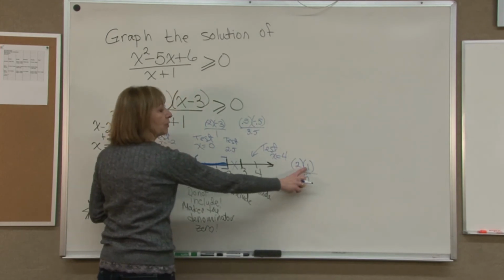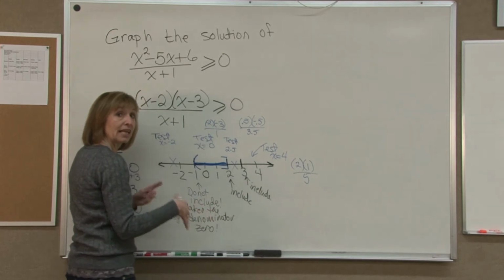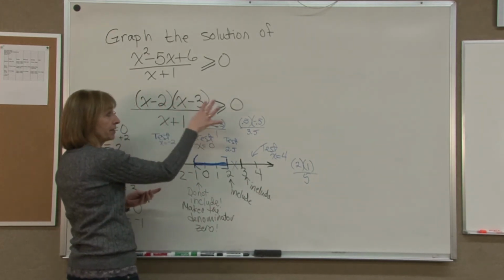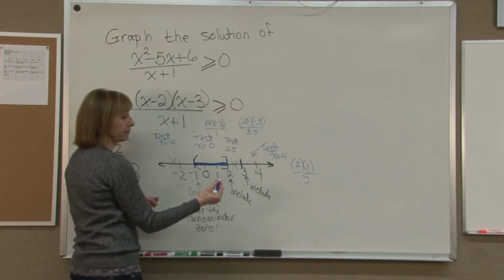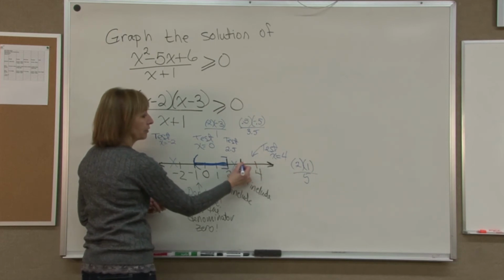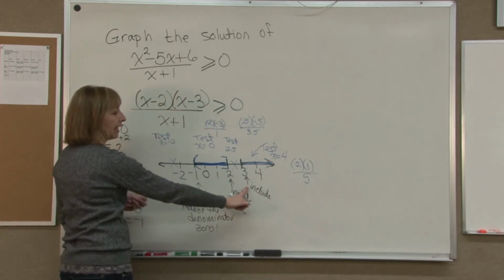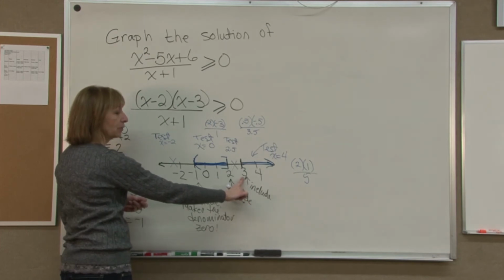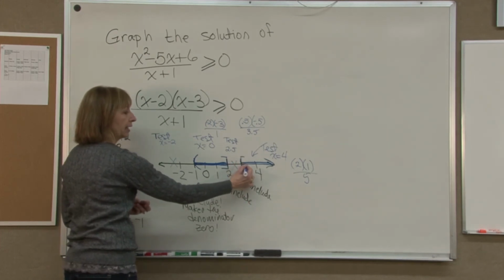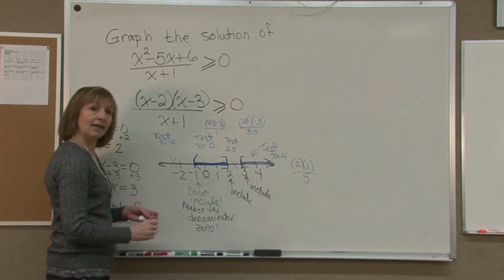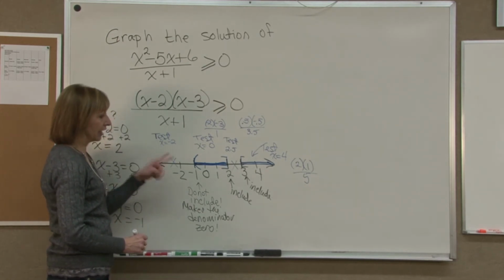And 2 times 1 is 2, divided by 5 is positive 2/5, a positive number, and I want this to come out greater than or equal to 0, a positive number. So that also works. So I'll shade that region. And then again, remember that I want to include x equals 3, so I'll put a bracket and face it towards the shading. And that was the last test region to look at.